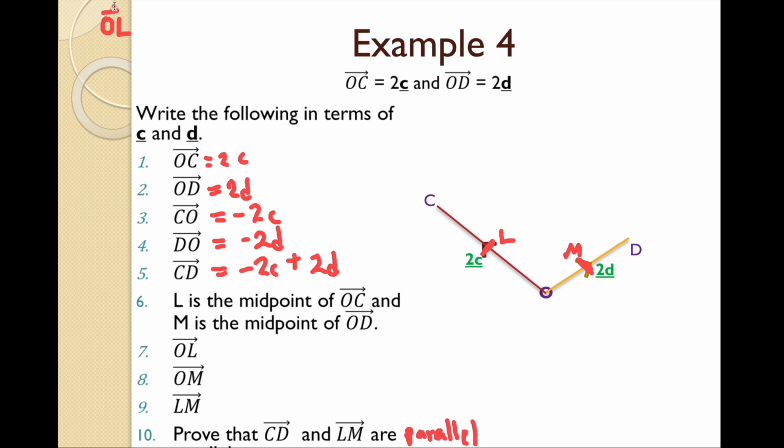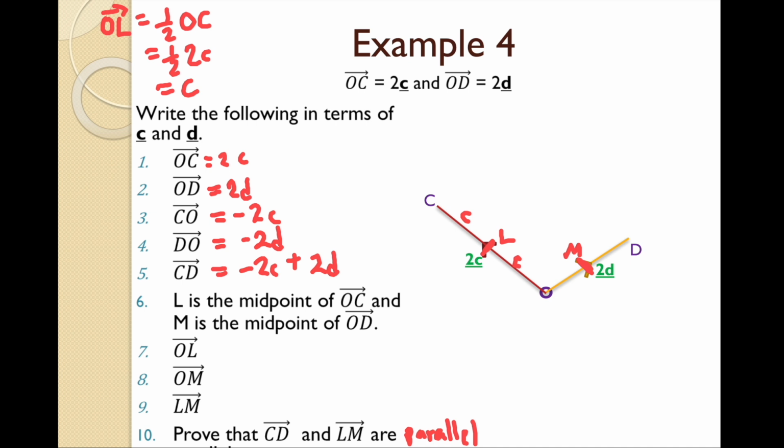OL is half of OC, which is half of 2C, which is basically C. So if I'm looking at this, O to L is C, and from L to C is also C. So we got a C here and a C here. That's how we got 2C. Does that make sense? So that means OL is equal to C.